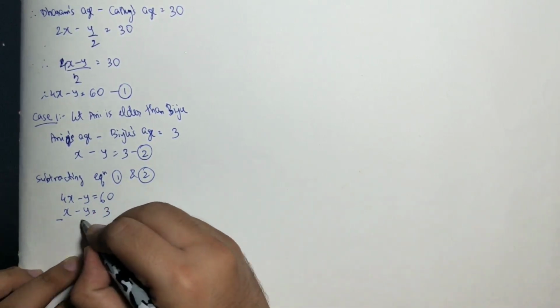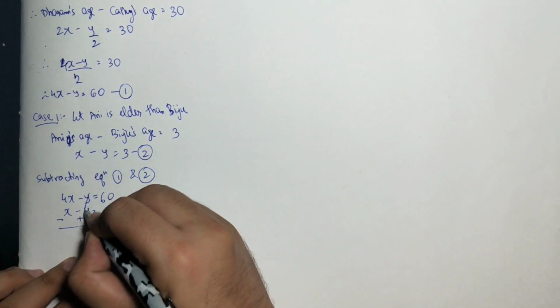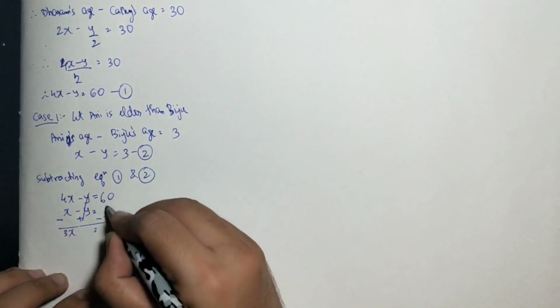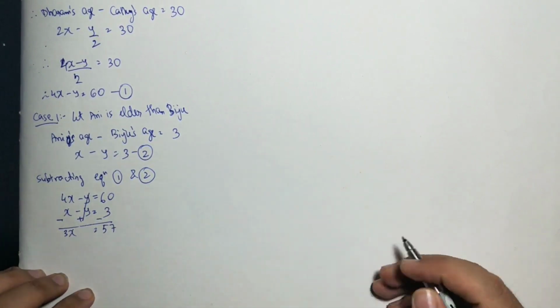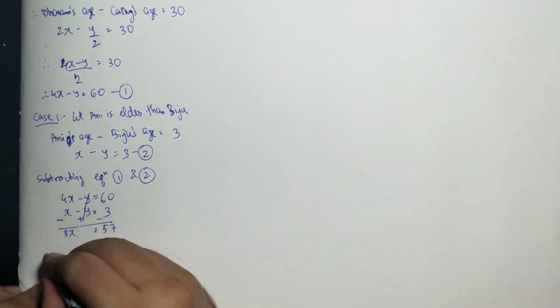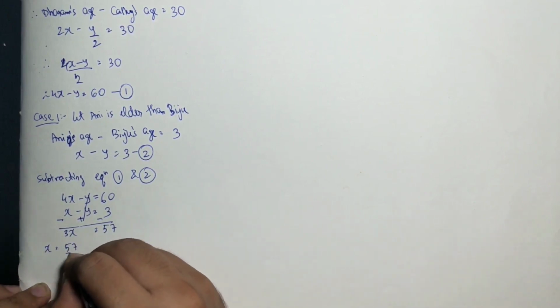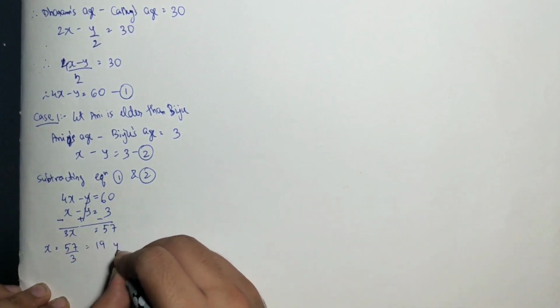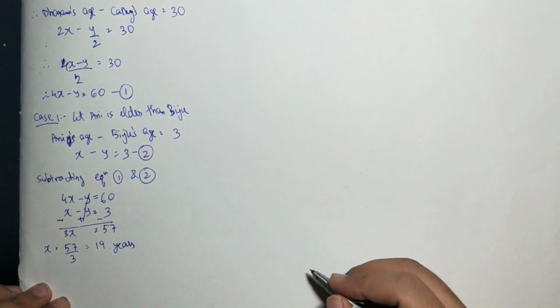If I do subtraction, minus y minus minus y will cancel out. So 3x will be equal to 57. This 3 will get divided. So x will be equal to 57 divided by 3, that is 19 years.